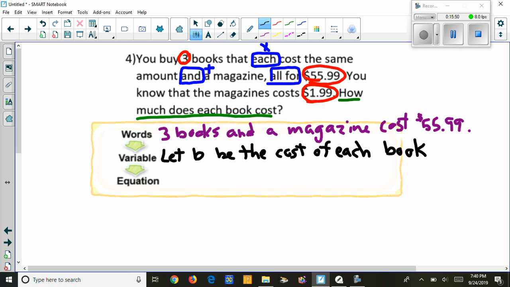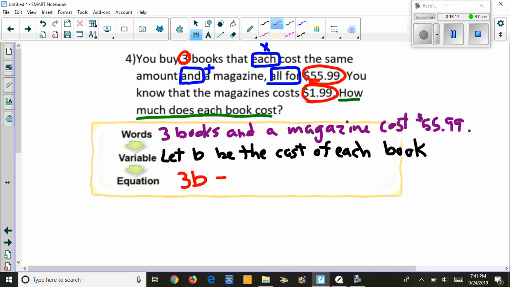And now I can start writing an equation. Going back into the problem, it said 3 books that each cost the same amount. So whatever the price of the books is, B is being multiplied by the number 3 because each means to multiply.